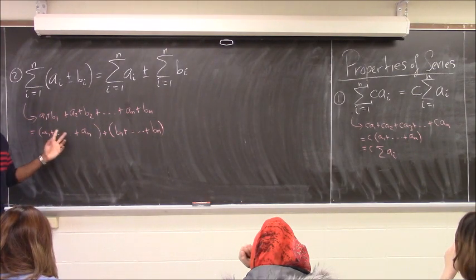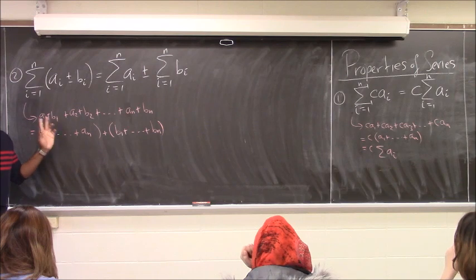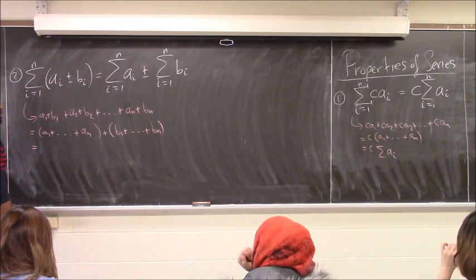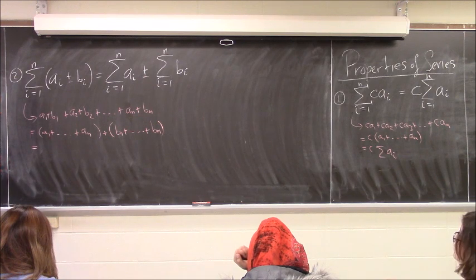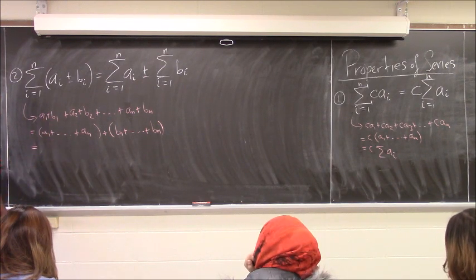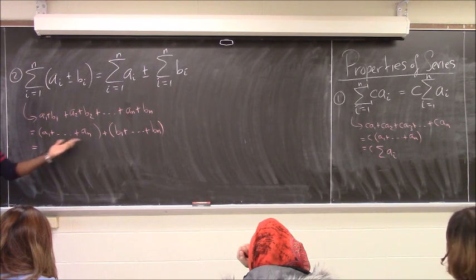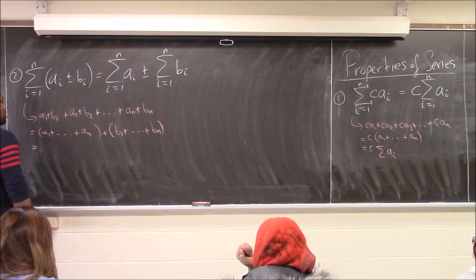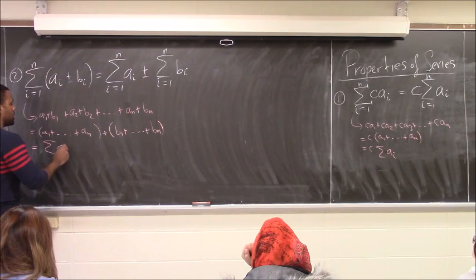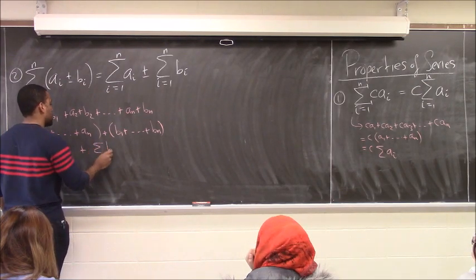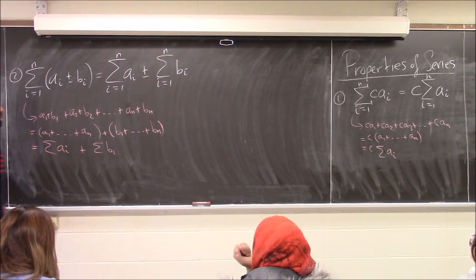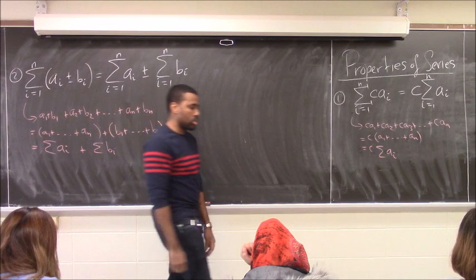Now, this rearranging of the sum, I'll talk about it later. Because today we're going to talk about finding infinite sums. It turns out that this rearrangement thing has consequences for infinite sums. But for a finite list of numbers, I can do this. And so that's just the sum of the a's plus the sum of the b's. So we can distribute series across sums. We can factor constants outside of series.